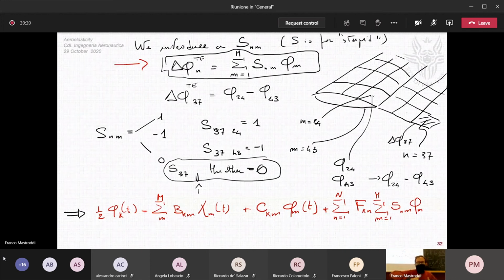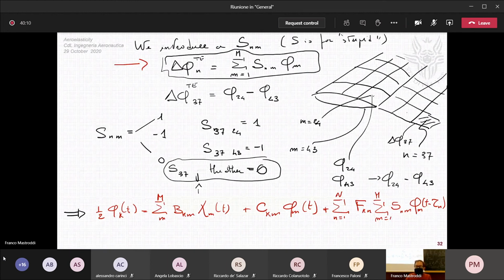Most of these S are 0, and you just have to select upper and lower at the trailing edge, +1 and -1, and this velocity potential is not at the present time, but at t minus tau_n. Okay, in previous time. And this is a delayed equation.